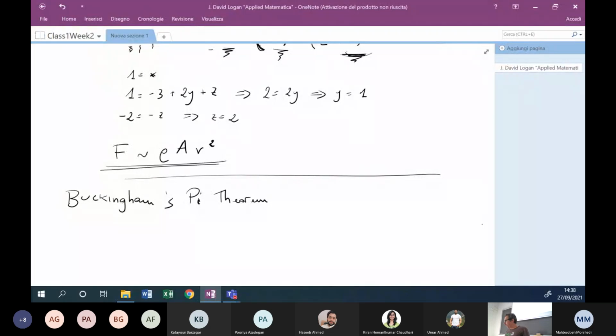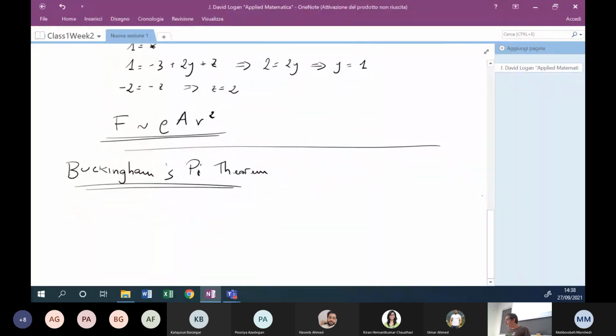However, Buckingham's Pi theorem. So let me consider, by the way, in parentheses, even if you don't find the book in the library, I will put soon my handwritten notes on our Teams page. I hope that you're able to understand it. Are they fine?